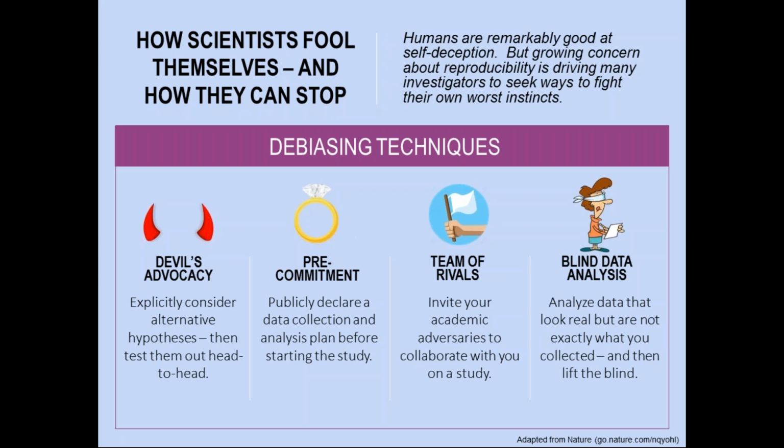Team of rivals. This actually I find is the hardest thing to do. Invite your academic adversaries. I don't like the word adversaries; I prefer the word enemies. To collaborate with you on a study, I do think, is wise, honestly.